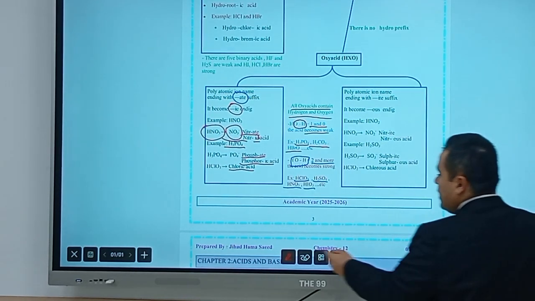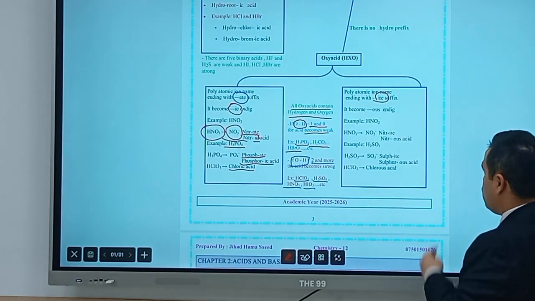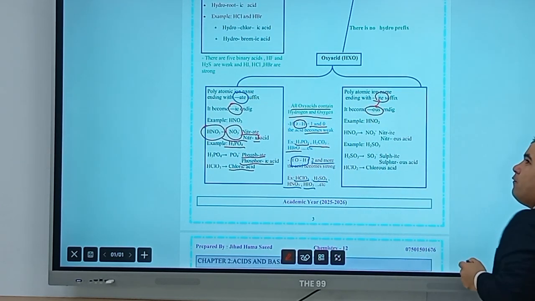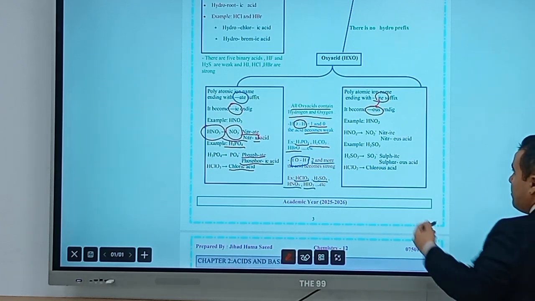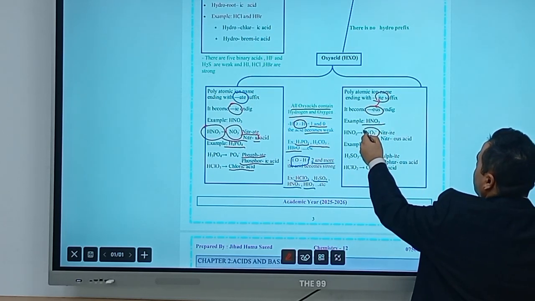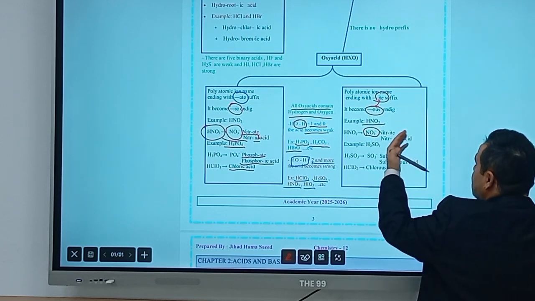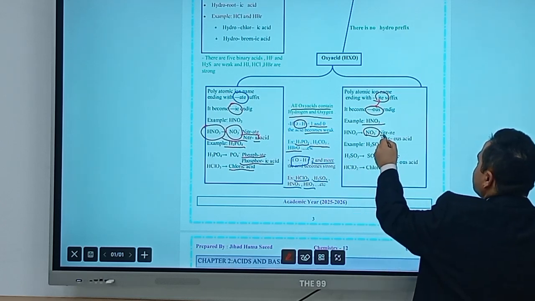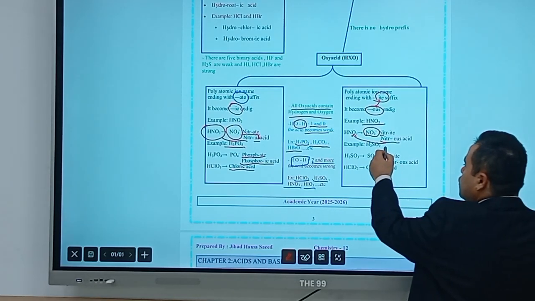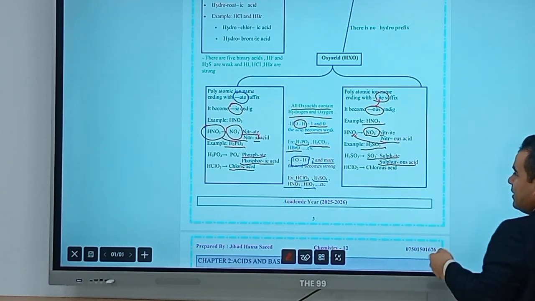But if the polyatomic has the ending ITE, not ATE, usually with one less oxygen than the ATE, we replace it with OUS for the acidic name. For example, nitrite, which is NO2, with the hydrogen becomes HNO2, nitrous acid. Another example, H2SO3, sulfite, becomes sulfurous acid.